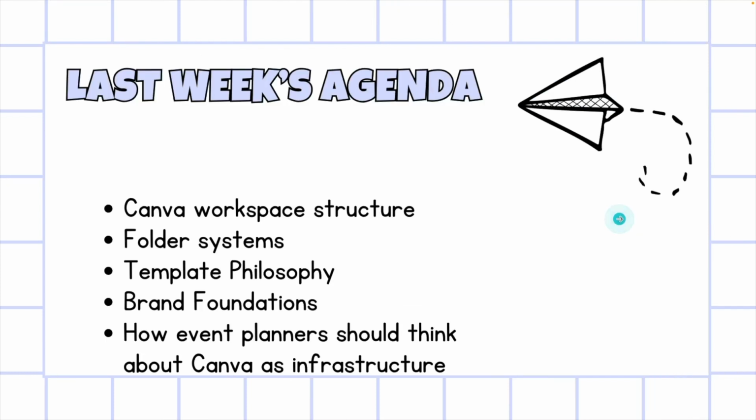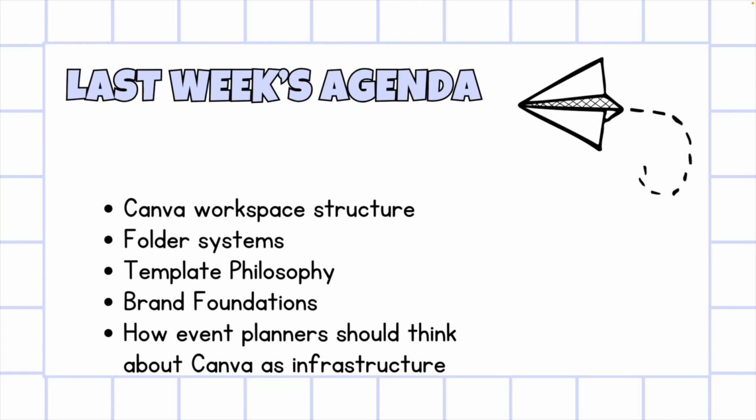All right. So last week, before we dive into today's new material, let's quickly recap what we've been doing. We set the stage by covering how your Canva workspace is structured and how to keep it organized, the template philosophy, right? Why you should never start from scratch, ultimately building templates to then duplicate for active events, right?